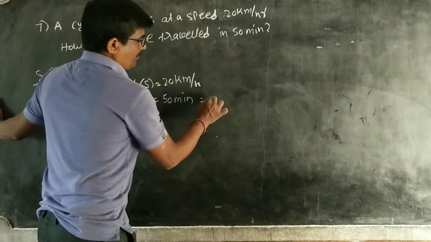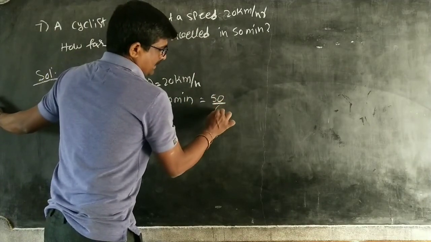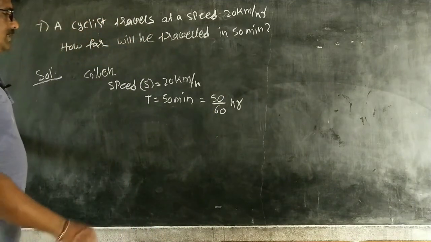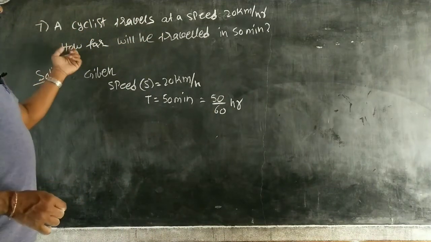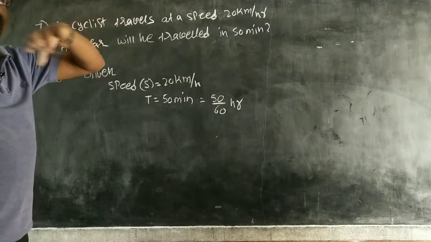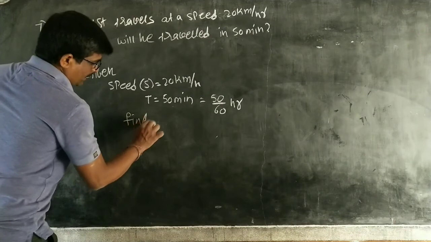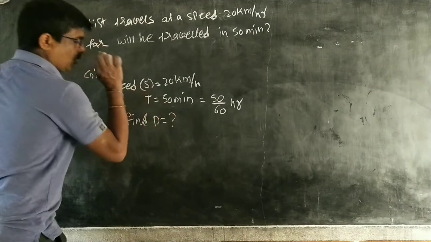That is equal to 50 by 60 hours. What do we have to find? Find how far. Far means distance. Find distance d.